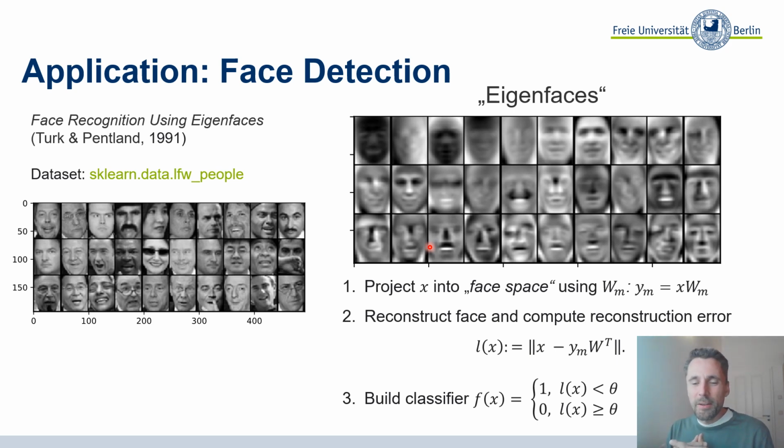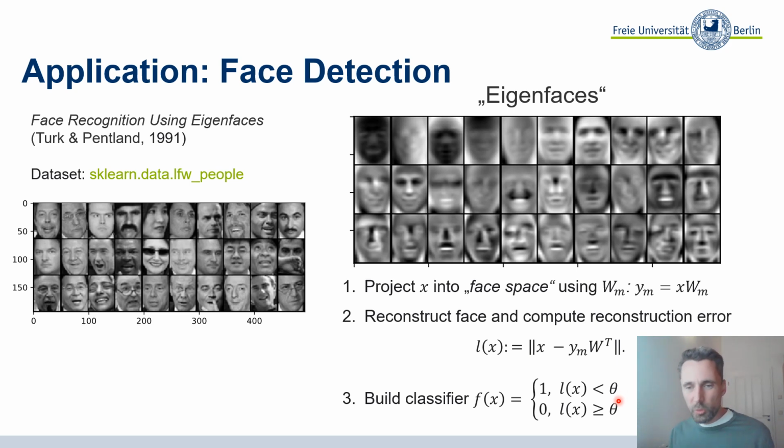And the point of this paper was we can also build a classifier from this, a very simple classifier that just looks at the reconstruction loss, or the reconstruction error, and then compares it to a threshold. So if we had an image that we project into our principal component space and then reconstruct the image and compare how far or how close this is to the original, we can compare this then to a parameter, theta, a threshold.